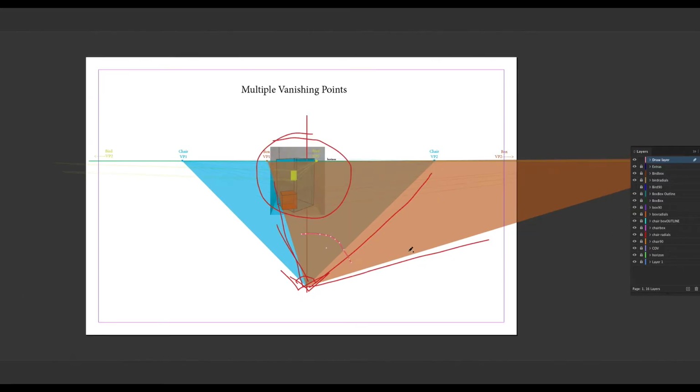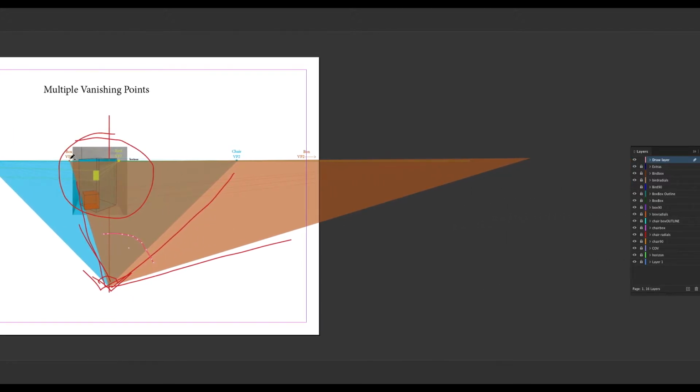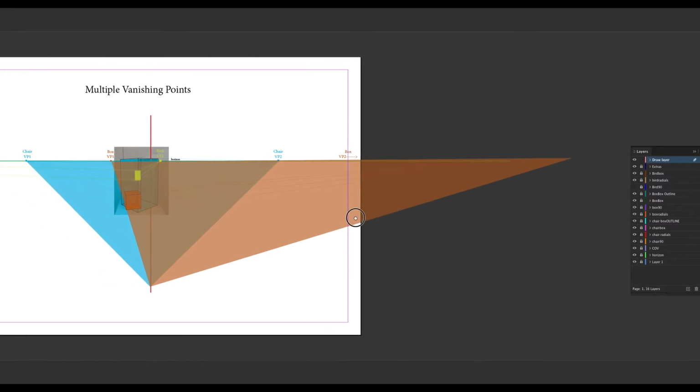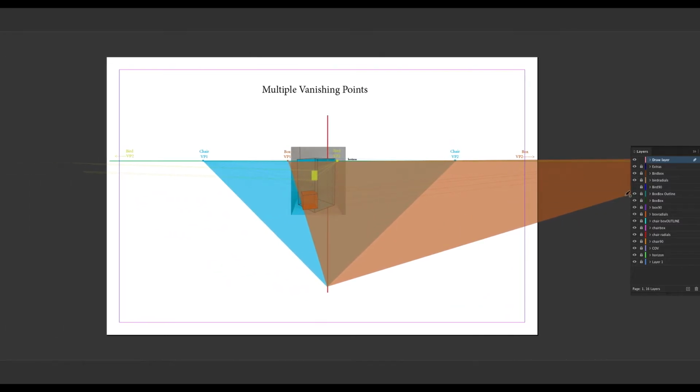And now viewpoint 1, or vanishing point 1, and vanishing point 2, which is way out here, are still at 90 degrees from each other. You can see those overlaid on top of each other. Chair, box. Remember, we've got a third set.